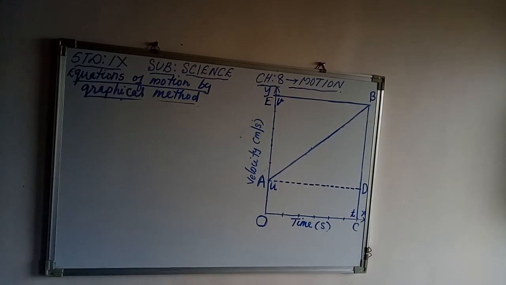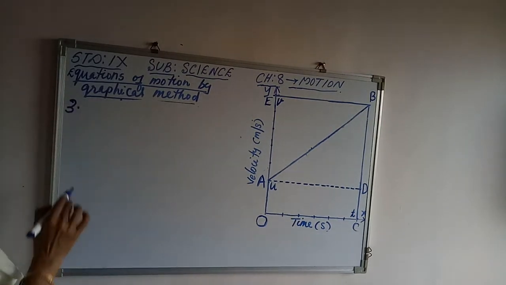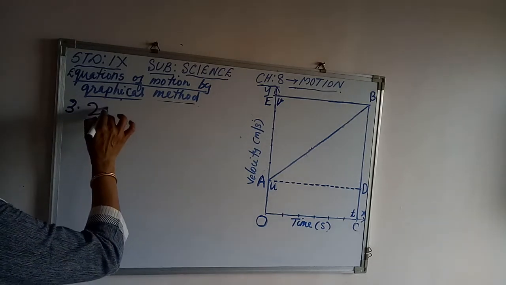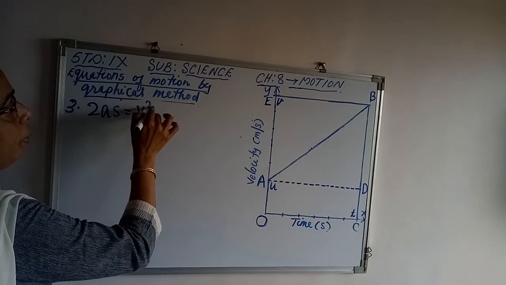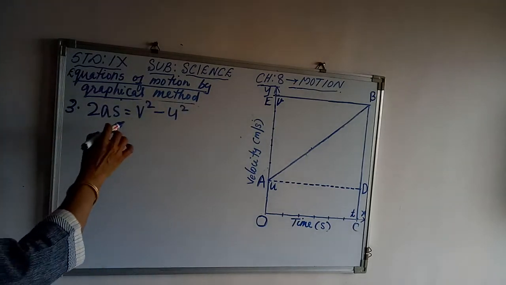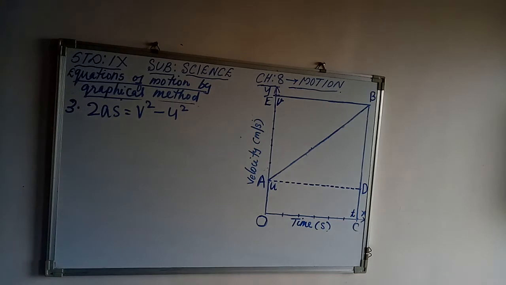Now the third one, that is the position-velocity relation. That is 2as is equal to v square minus u square. This is the position-velocity relation. We know that using the velocity time graph, the distance traveled by the object can be calculated by finding the area enclosed by the graph.